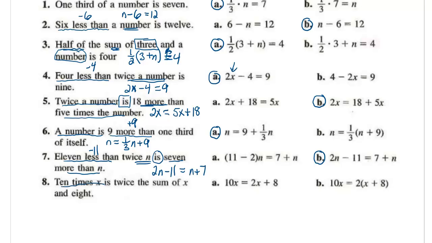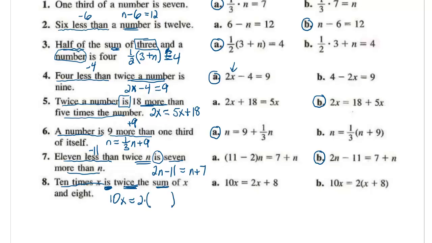Okay, and number 8. 10 times x. That one's really straightforward. That's 10x. Now it says is, equals, twice. How do you do twice? Twice is when you multiply by 2. Well, what are you multiplying by 2? A sum. So in parentheses, we can put our sum.